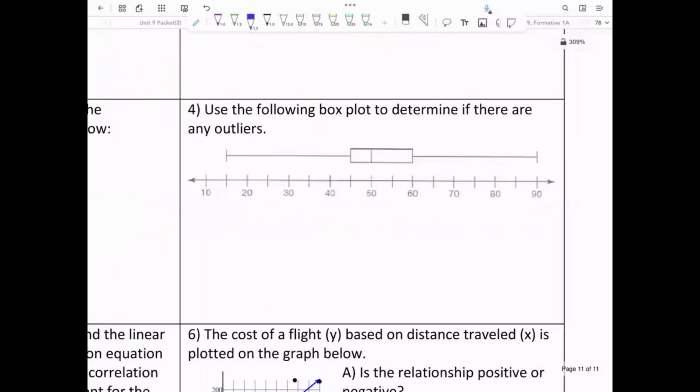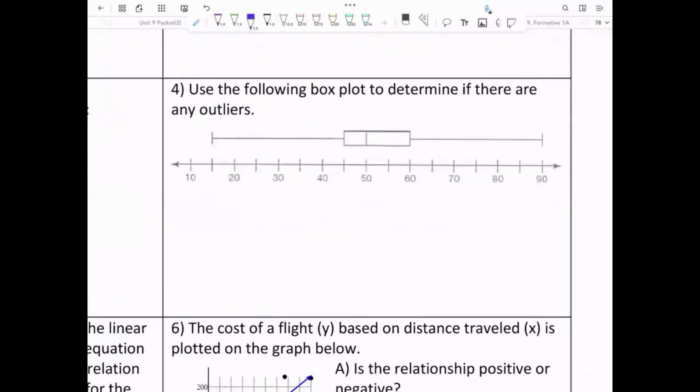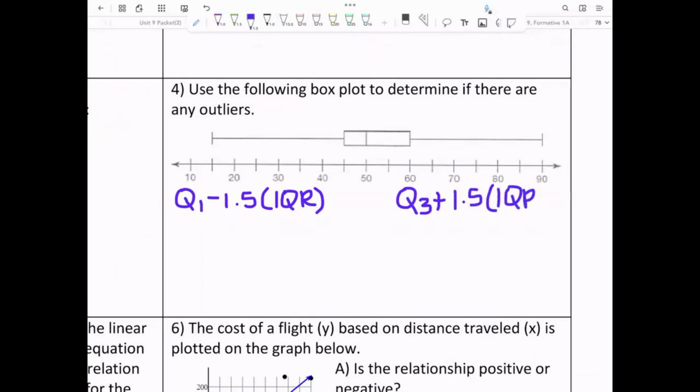Right, we're going to use this box plot to determine if there are any outliers. So for outliers, we use 2 formulas, Q1 minus 1.5 times the IQR, and Q3 plus 1.5 times the IQR. And these will tell us where we need to stop on our box plot.